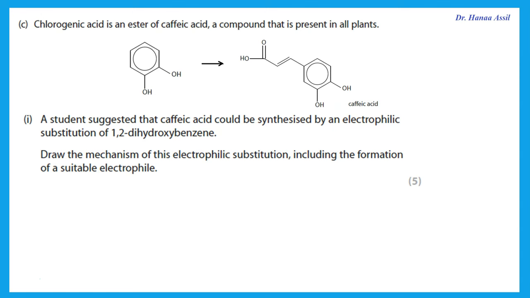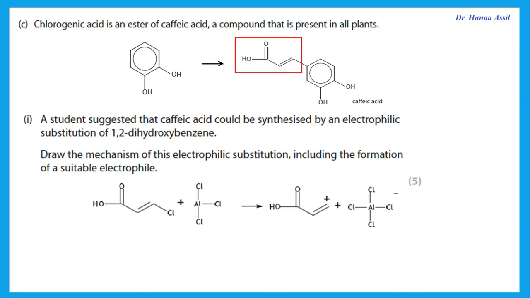Of course, if I want to change this to the caffeic acid, that means I need to add that part to the 1,2-dihydroxybenzene. How do I add it to a benzene ring? We start with the chloro compound of that in presence of aluminium chloride, which is the catalyst.